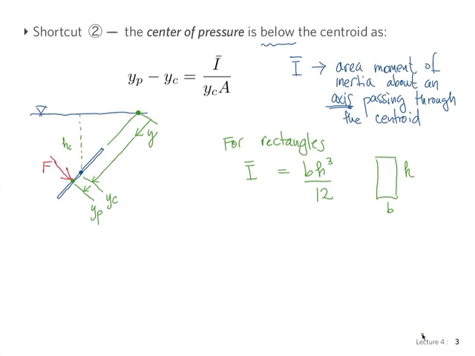Yes? The axis, so imagine, let me try to draw this in perspective. So it would be something like some sort of perspective, and the axis is passing through the centroid like that, so that basically imagine what the pressure is trying to do on this inclined plate is to make it rotate around that axis, right?